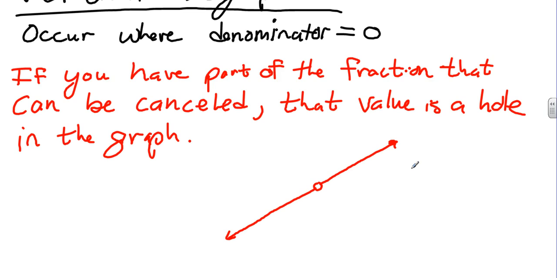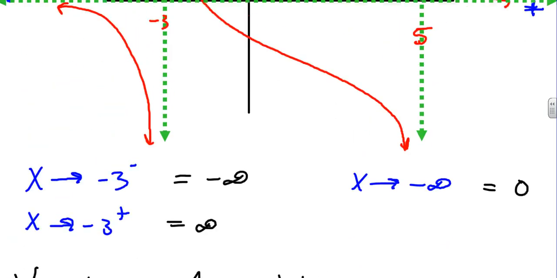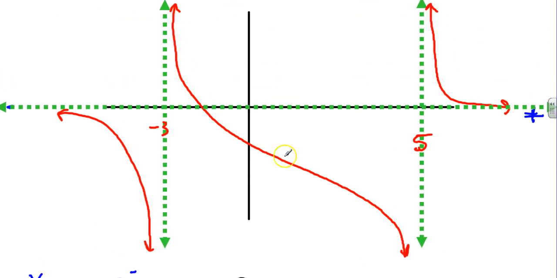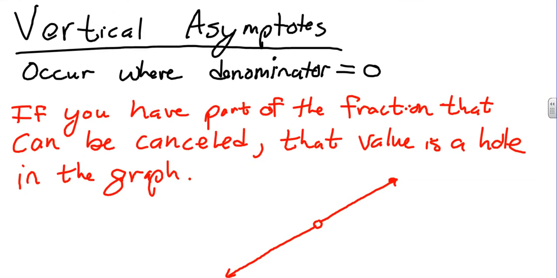You can definitely tell what happens on this side or that side of it, but you could almost have a hole in the middle of a graph right here. This thing works perfectly, we get right here, oh, that didn't quite work out, but everything else on either side of it would. It happens every now and again, and I don't know that they focus on it too much, but just in case they throw that out there about finding the holes, it's where that basically would factor out everything.